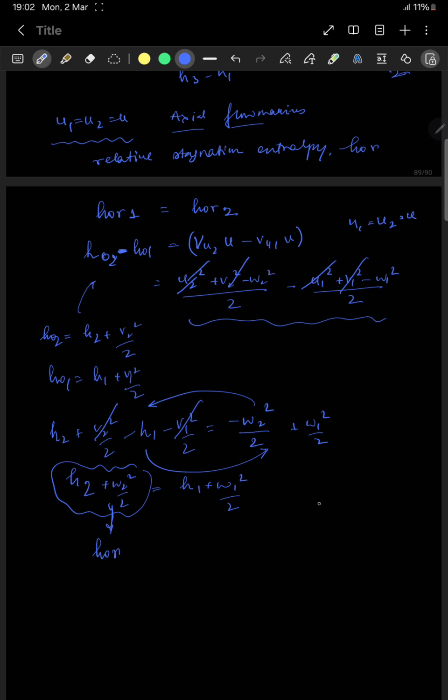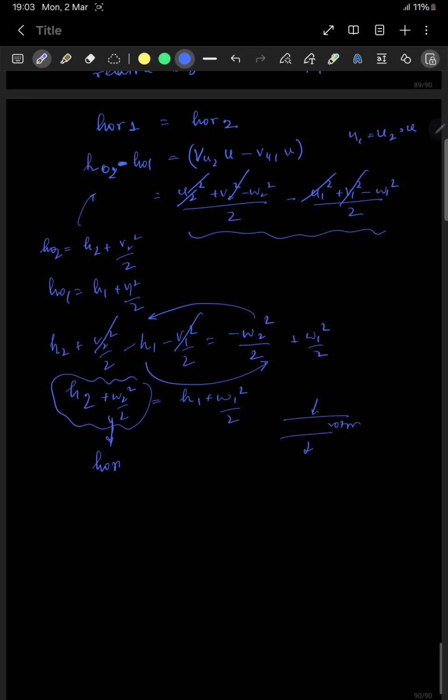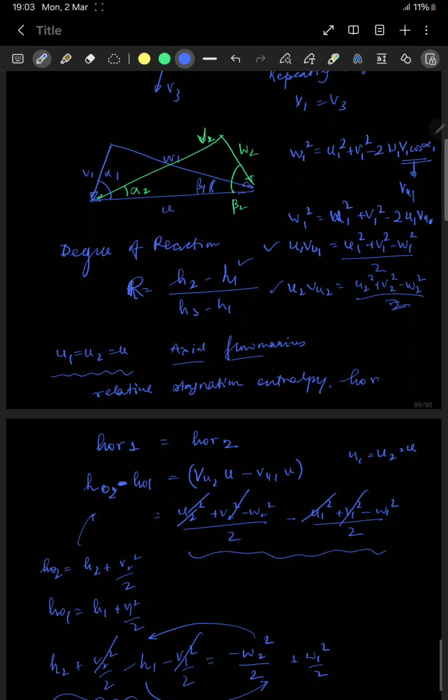This is constant for a rotor, for the input and output of a rotor. Okay, so if we use this property, we have h2 minus h1 equals W1 square by 2 minus W2 square by 2.